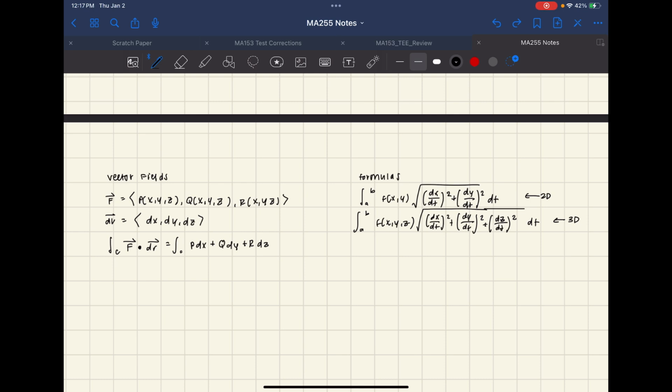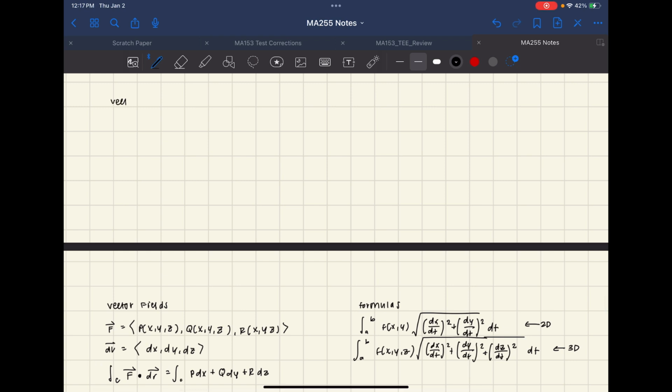For vector line integrals, the formula is this, and you can also express it as this, where your vector field is written like this.